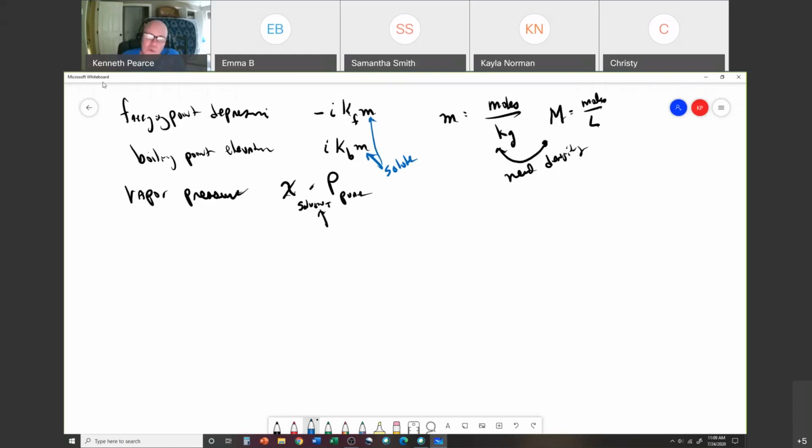When you're doing vapor pressure, the hard part to remember is it needs to be the solvent, and it's usually water, because usually what we're dealing with in colligative properties is water. So keep that in mind. It's going to be the vapor pressure of the pure water, not what's dissolved in it. What's dissolved in it will actually reduce the vapor pressure.